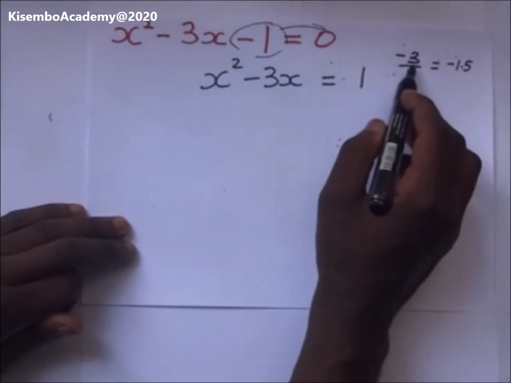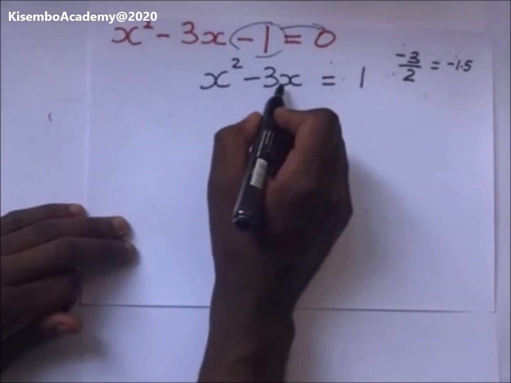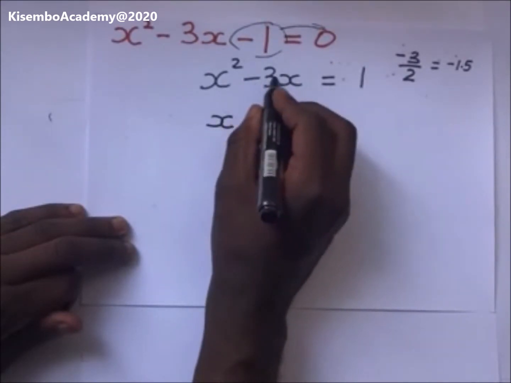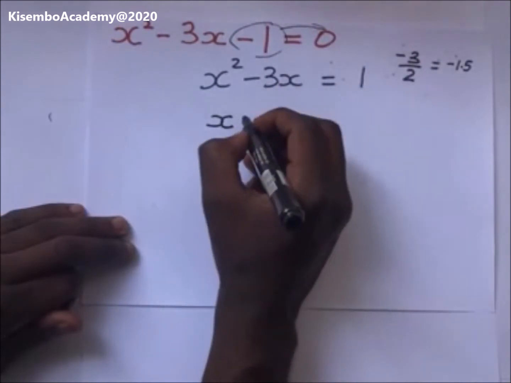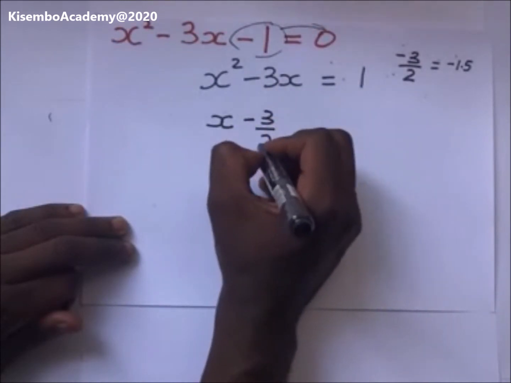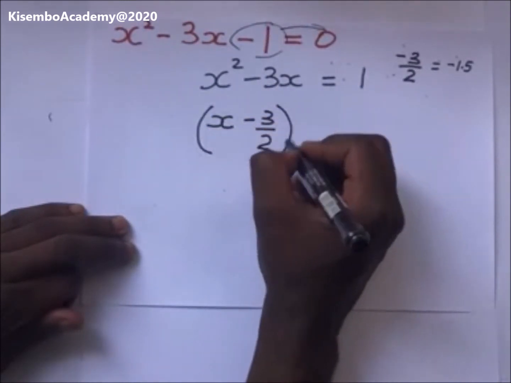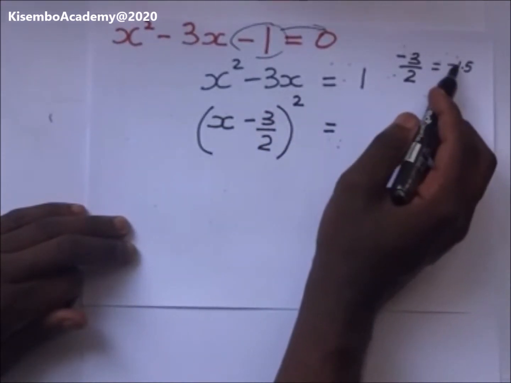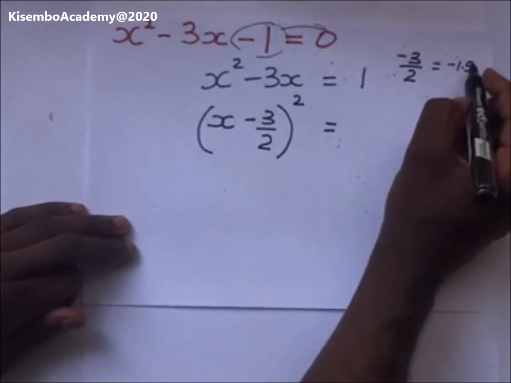So this -3 over 2, after dividing the coefficient of x by 2, we simply come here and say it's going to be x plus -3 over 2. All this squared is going to be equal to the answer we got here.